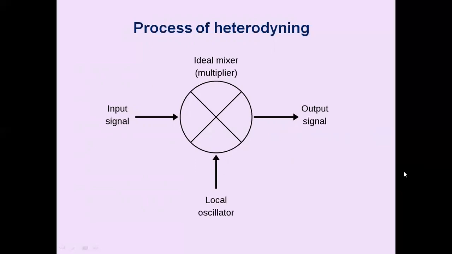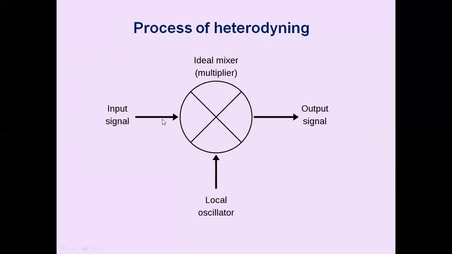In super heterodyne, we are mixing two signals. In a super heterodyne receiver, the incoming signal is combined with the local oscillator signal. Local oscillator frequency is F0. Incoming signal frequency is Fs.